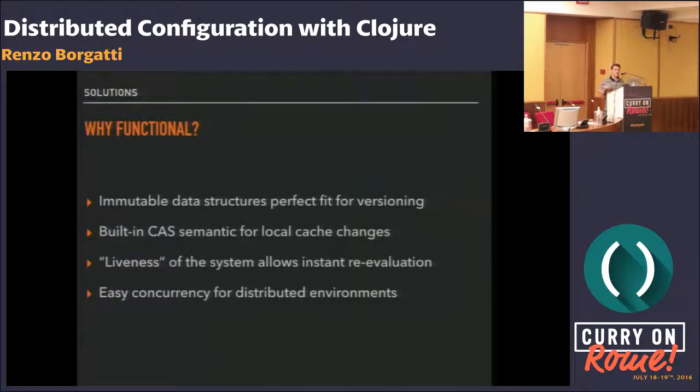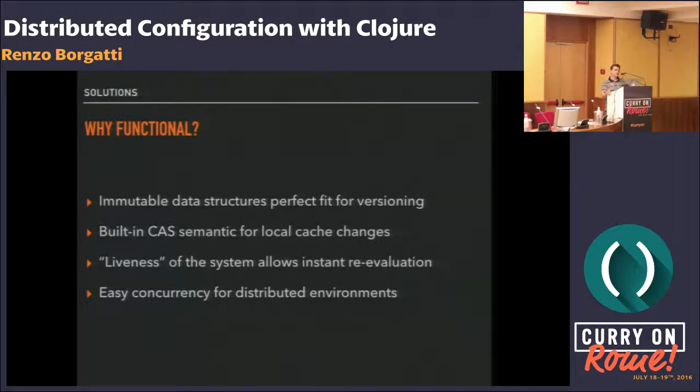The important thing is that there is something pushing, and this pushing to the client that is receiving the configuration can be concurrent as much as I want. This is a perfect fit for a functional language that supports immutable data structures, because I can push as many of these changes, and there won't be any chance for one of these clients to see half of the new configuration on the fly and half of the old configuration because the update is still running.